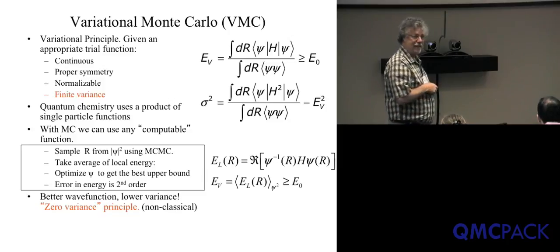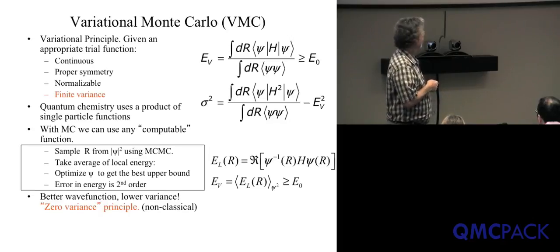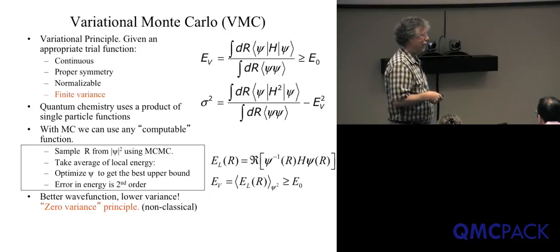You have to have a continuous wave function. It would be nice if the derivative was continuous, but that's actually not required. It'd be nice if all derivatives were continuous, but that's not required. You have to have the proper symmetry. Namely, if we're dealing with electrons, you have to have an antisymmetric wave function. Otherwise, you'll go down to the boson wave function.